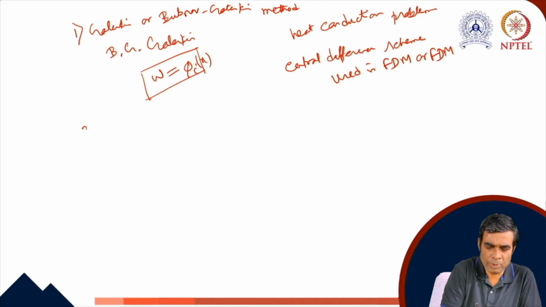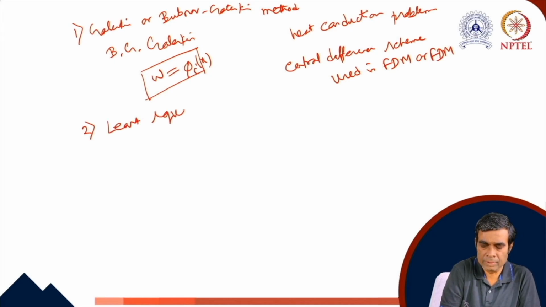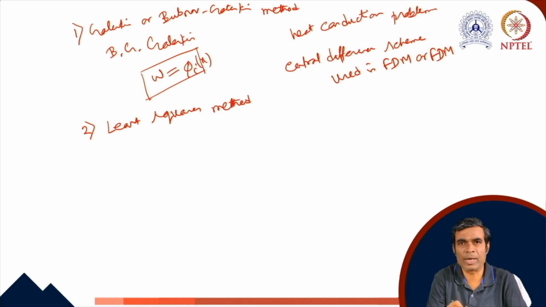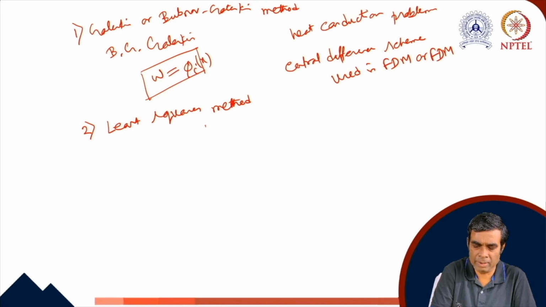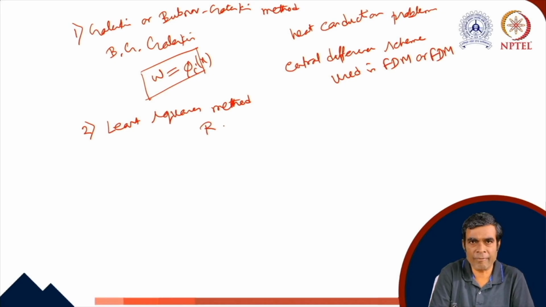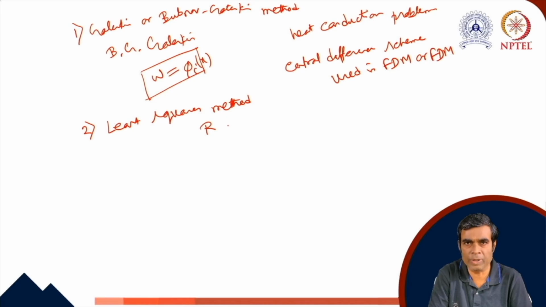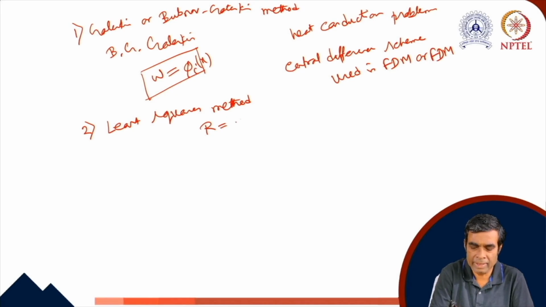The second method we can talk about is the least squares method. In least squares method, we find the integral form of the governing equations by minimizing the square of the residual. When we write about the residual, this residual is a function of the left-hand side and the right-hand side of the governing equation. It means that residual is a function of the spatial coordinate and also of the unknown quantity.